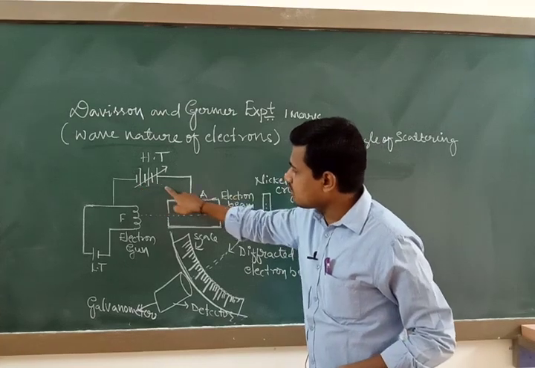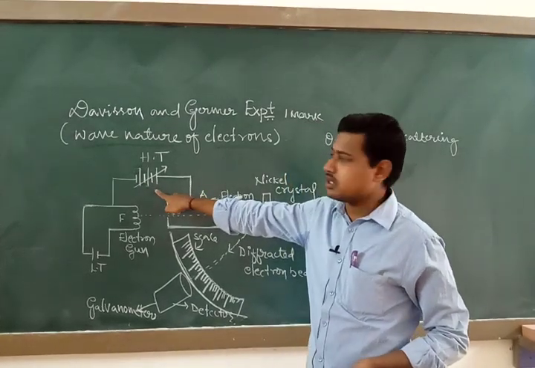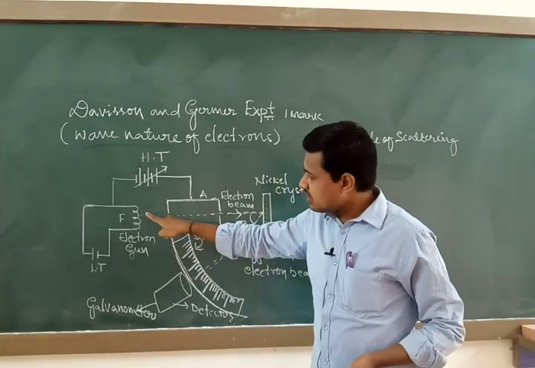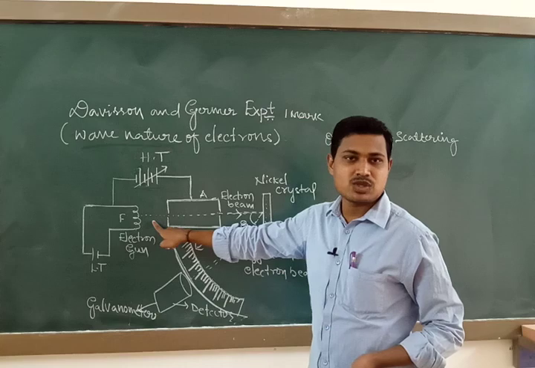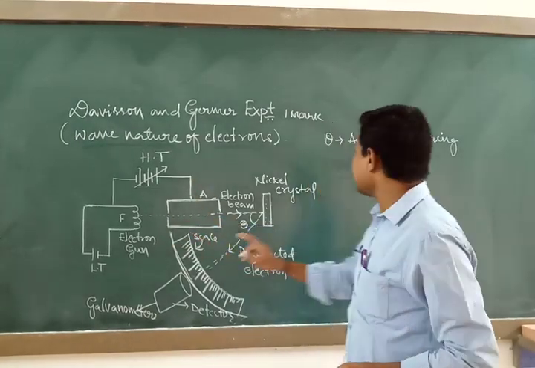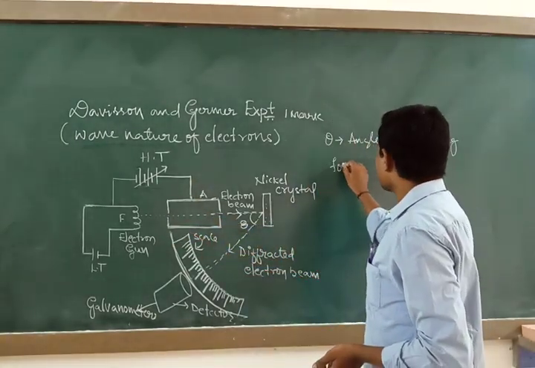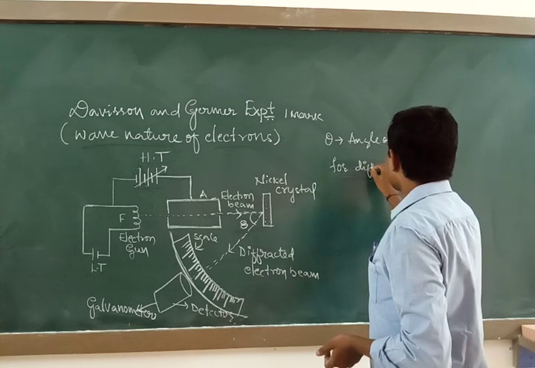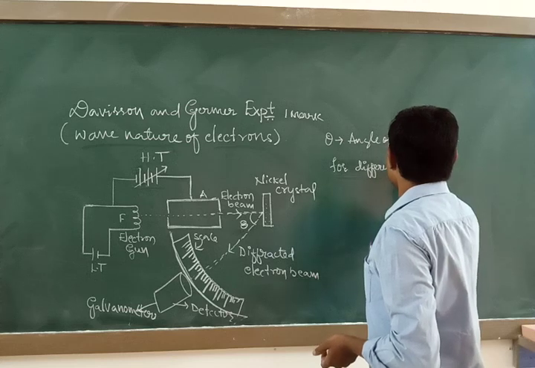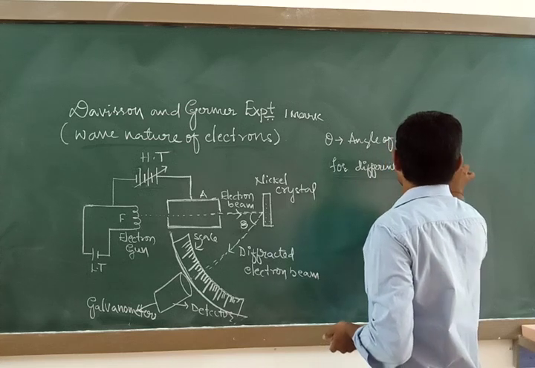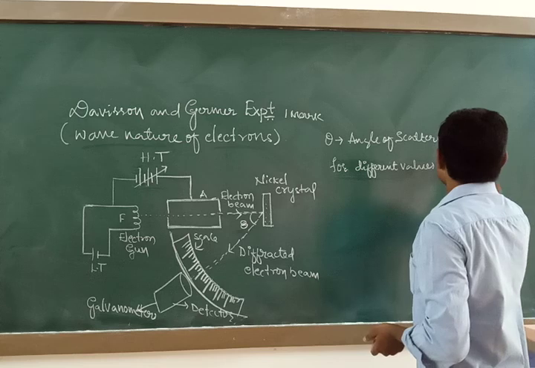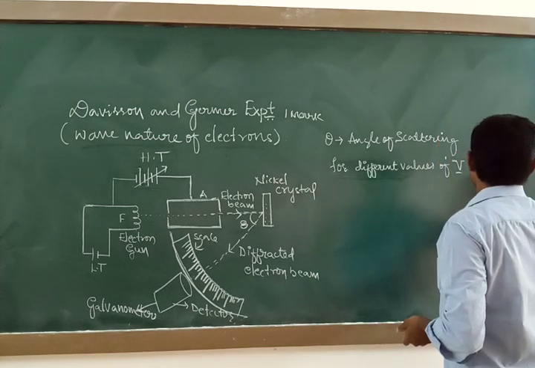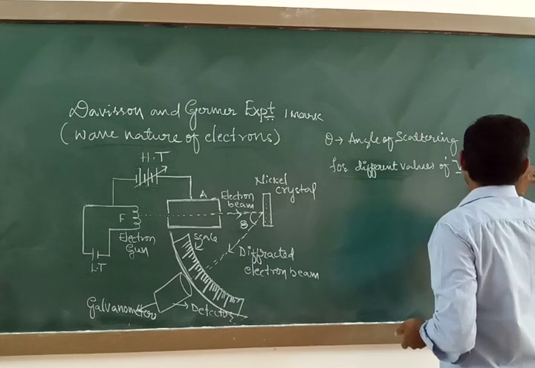They accelerated the electrons through different values of accelerating potential. So V is nothing but the accelerating potential.